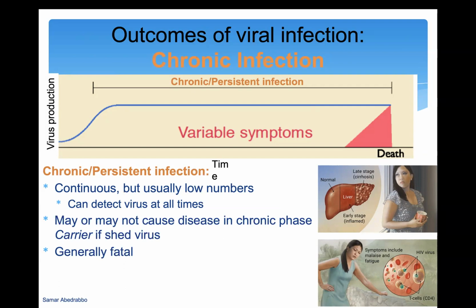In a chronic infection, it's a persistent infection where you see virus present in someone, usually in low numbers, for a very long period of time. The viral infections usually develop very slowly and they last for a long time. These can potentially result in chronic health issues and bad outcomes. An example of a persistent infection is hepatitis infections.